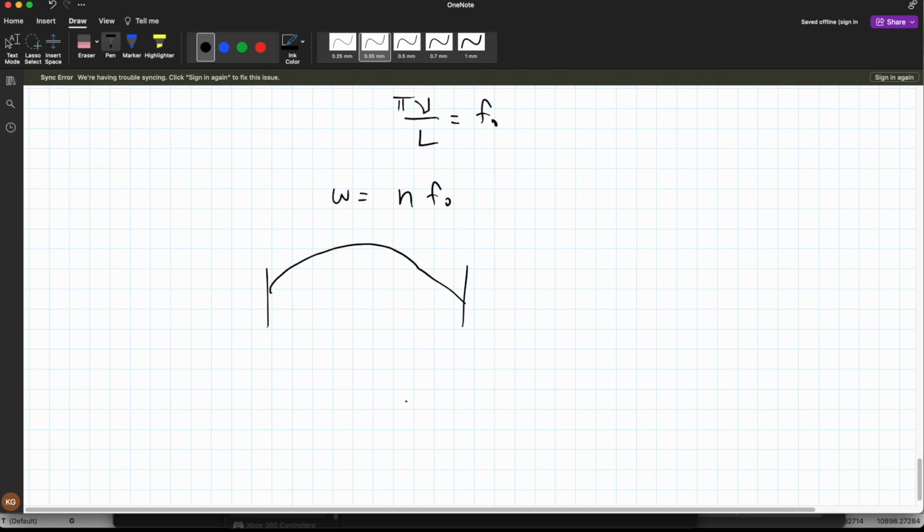So in some future videos, I would like to delve more into this, maybe even make some code that illustrates some of these concepts. And what I really want to try is reducing the assumption that the string is perfectly fixed at these endpoints. Or equivalently, we could say that the length of the string isn't constant.